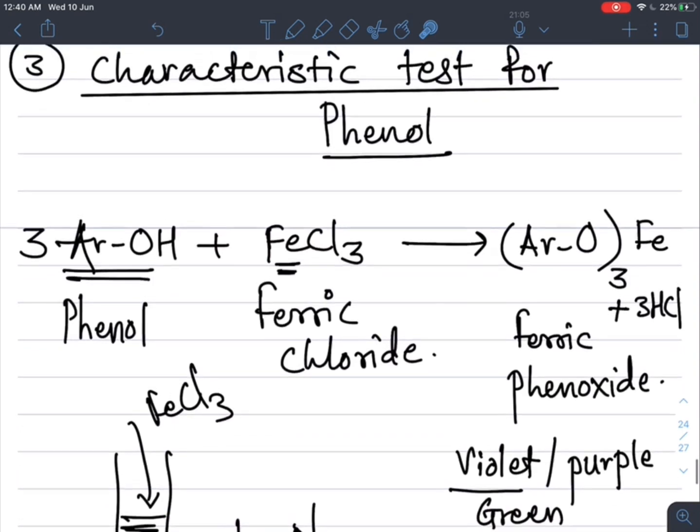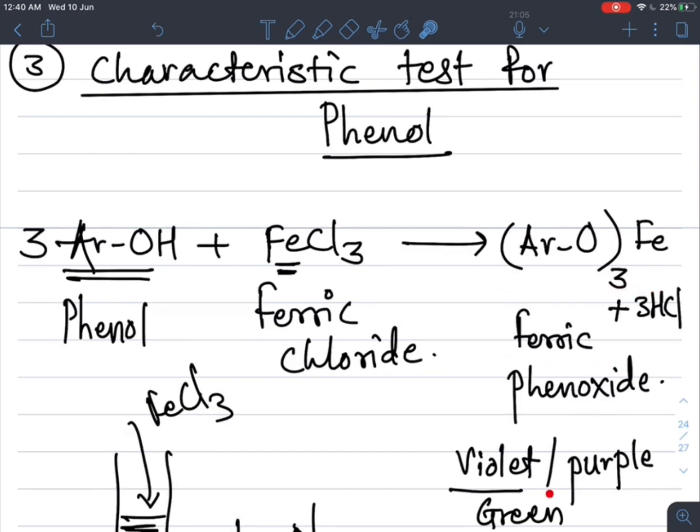One more, the third test, is there for the detection of phenol. When phenols are treated with aqueous neutral ferric chloride, a complex is formed, that is ferric phenoxide. What is the formula of ferric phenoxide? Three molecules of ArO are substituted on the Fe, and this is the colored complex.